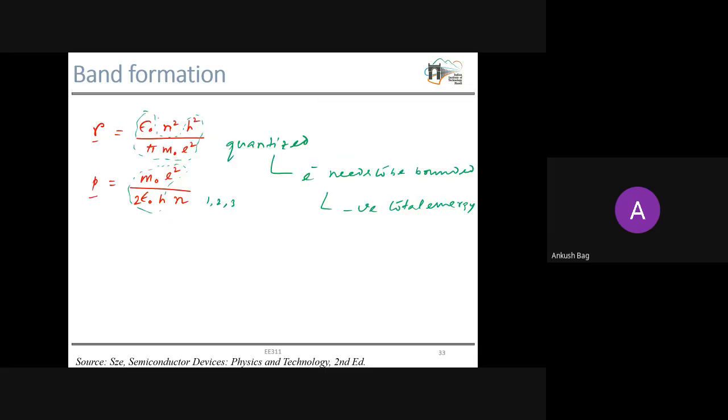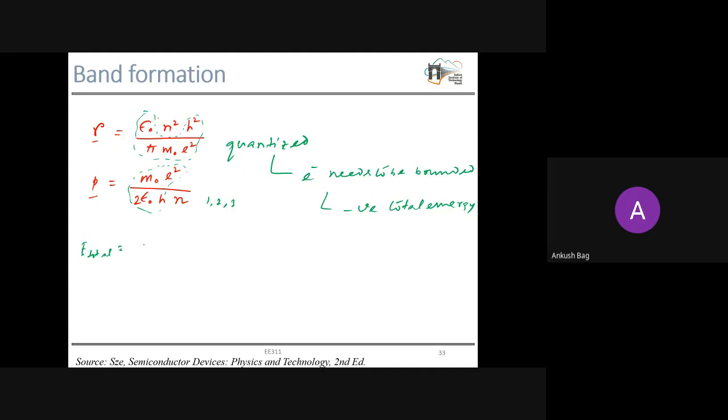So now, if I try to calculate the total energy of this electron, what is the E total?